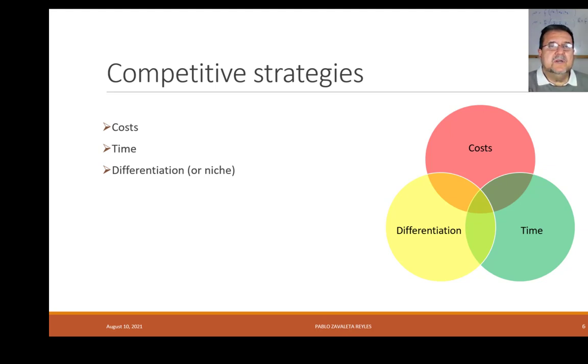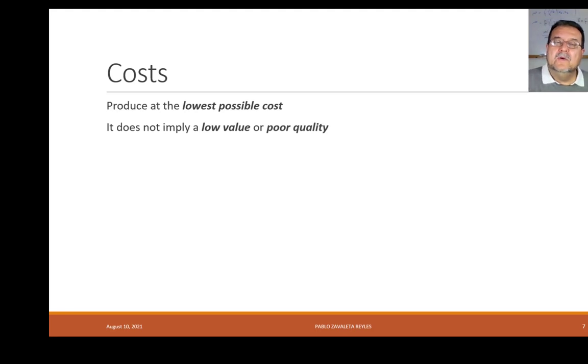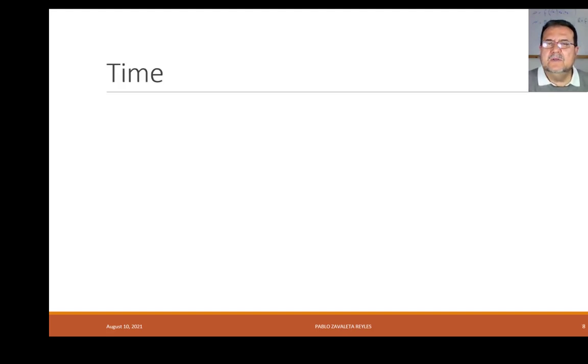So, when we're talking about competing with costs, we're talking about being able to produce at the lowest possible cost. But this doesn't imply a low value or a poor quality. That's not so. We mustn't ever compromise quality. When we're talking about competing with time, that means a fast response to the market's demands or specifications.